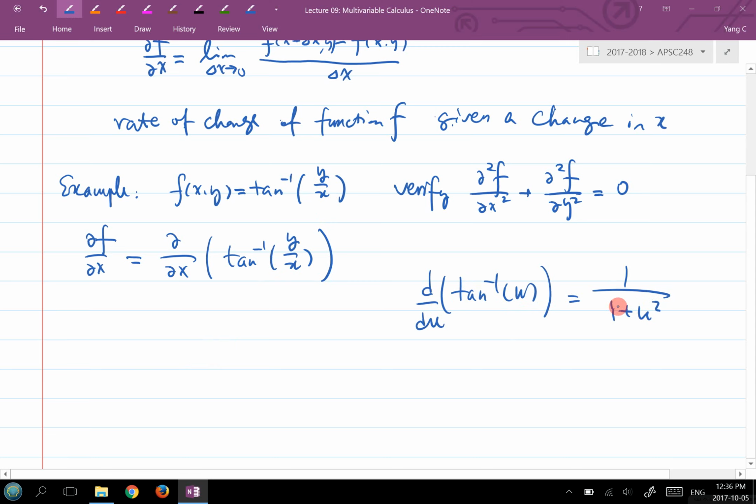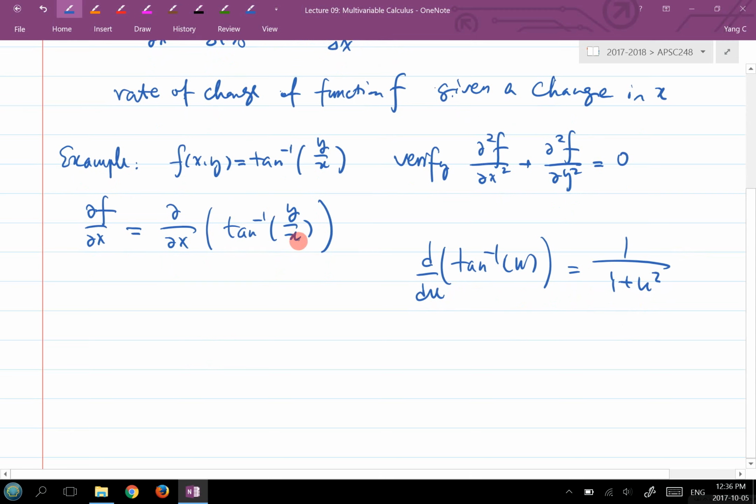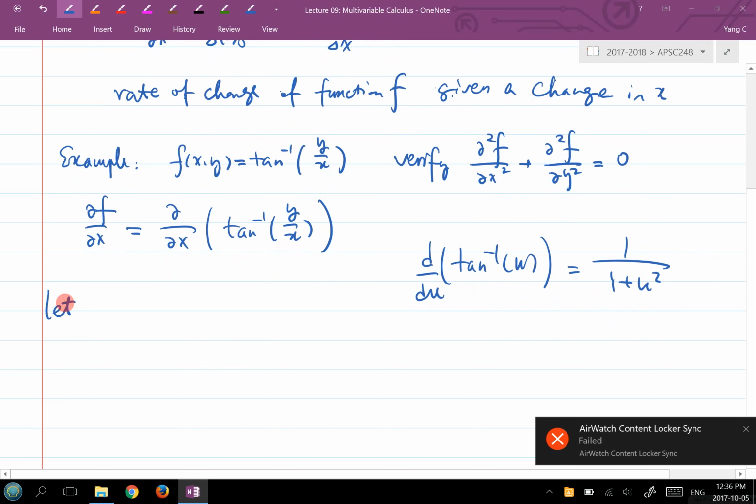So for a single variable, you would get this. Now the only difference here is that instead of u, this is y over x. So let's let u equal y over x.